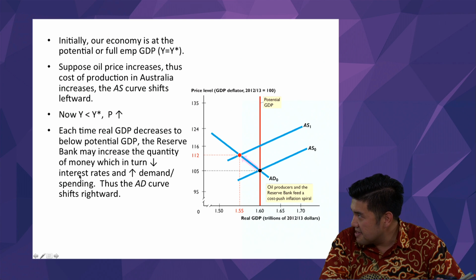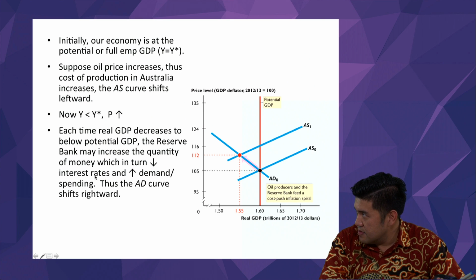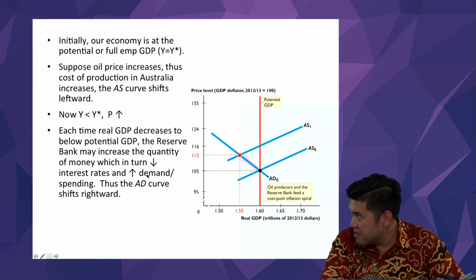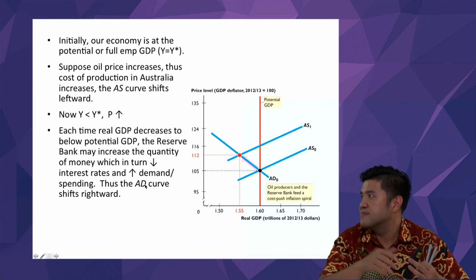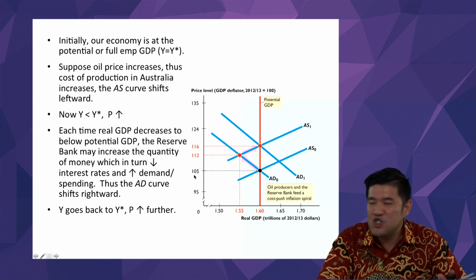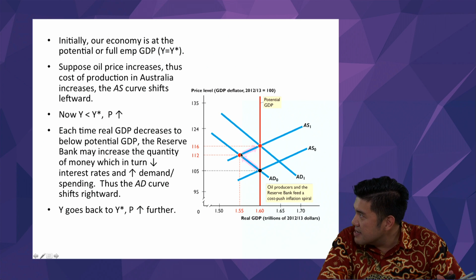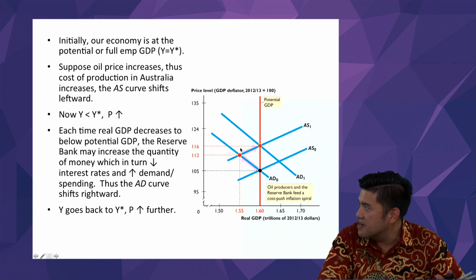See, when interest rates are lower, consumption activity will pick up, investment activity will pick up, demand will increase, AD will shift to the right. When AD shifts to the right, GDP level will go back to Y star, but price increases even further.